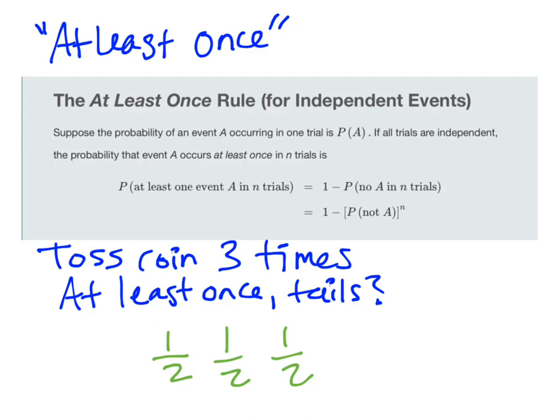That probability of not getting tails, or getting heads, is going to be the same no matter how many times we repeat this trial, because these events are independent. So that part is important. Instead of multiplying 1/2 three times, we can just say that's 1/2 to the third. In other words, there's a 1 in 8 chance that we wouldn't get any tails at all, that they would all be heads.